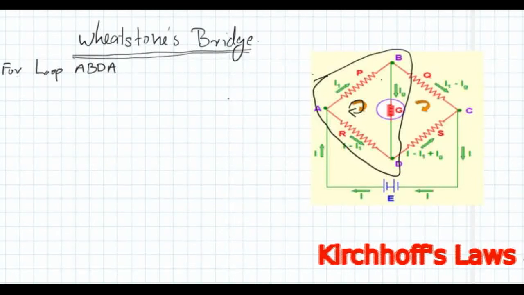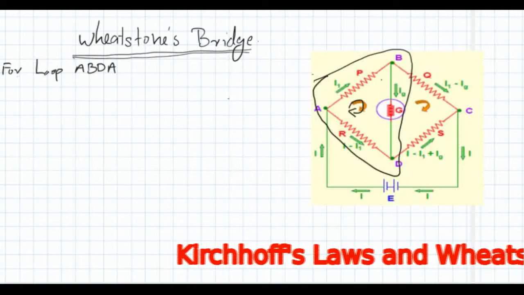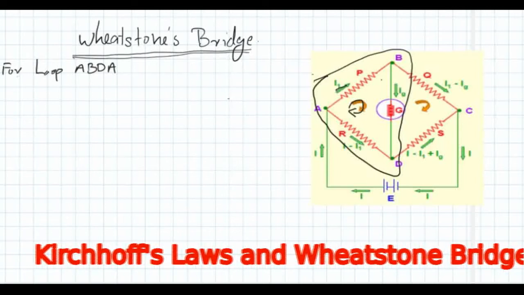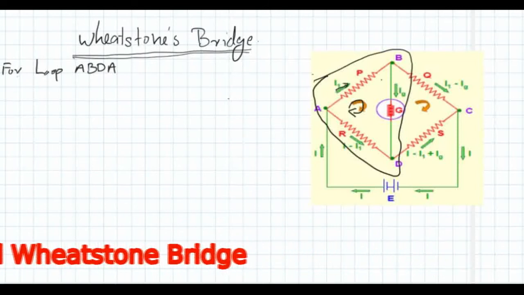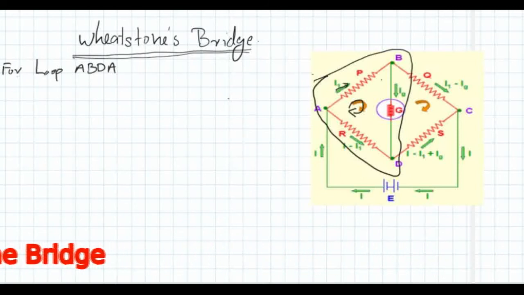Then for the loop ABDA, we can see that I1 is in the clockwise path, Ig is also in the clockwise path, but I minus I1 is opposite to the clockwise path. So this should be taken as negative. And in this loop there is no source of EMF, right?